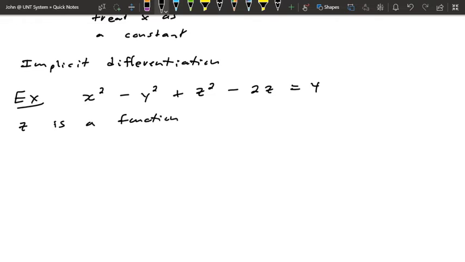It's just not given explicitly. So the equation is an implicit description of z as a function of x and y. So let's calculate the partial derivative of z with respect to x.